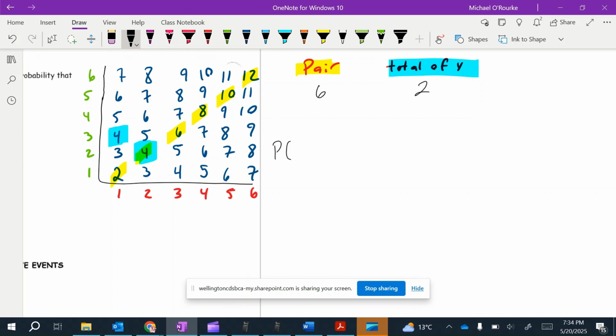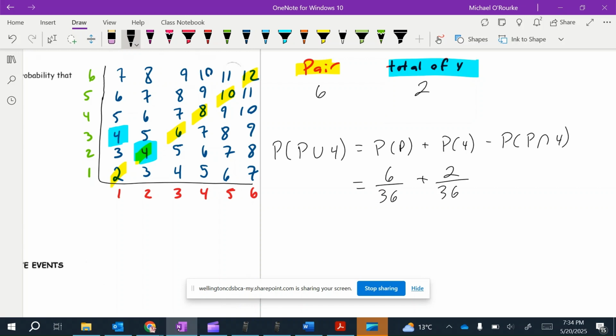So if I'm using my OR formula, the probability of a pair or a 4 is the probability of a pair plus the probability of a 4 minus the probability of a pair and a 4, which equals 6 over 36 here, plus 2 over 36, minus, now, do I have an occurrence where a pair and a 4 exist?